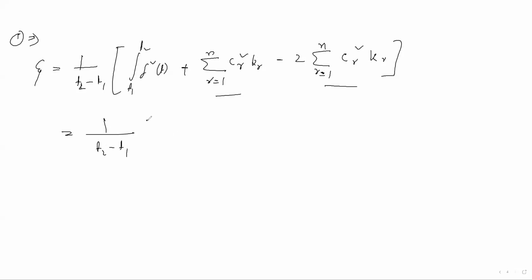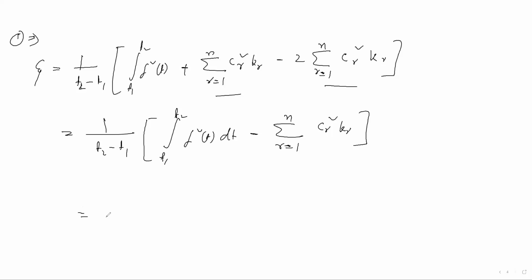Ultimate equation would be integration T1 to T2 F square T dt minus summation R equal to 1 to N CR square KR. Okay.